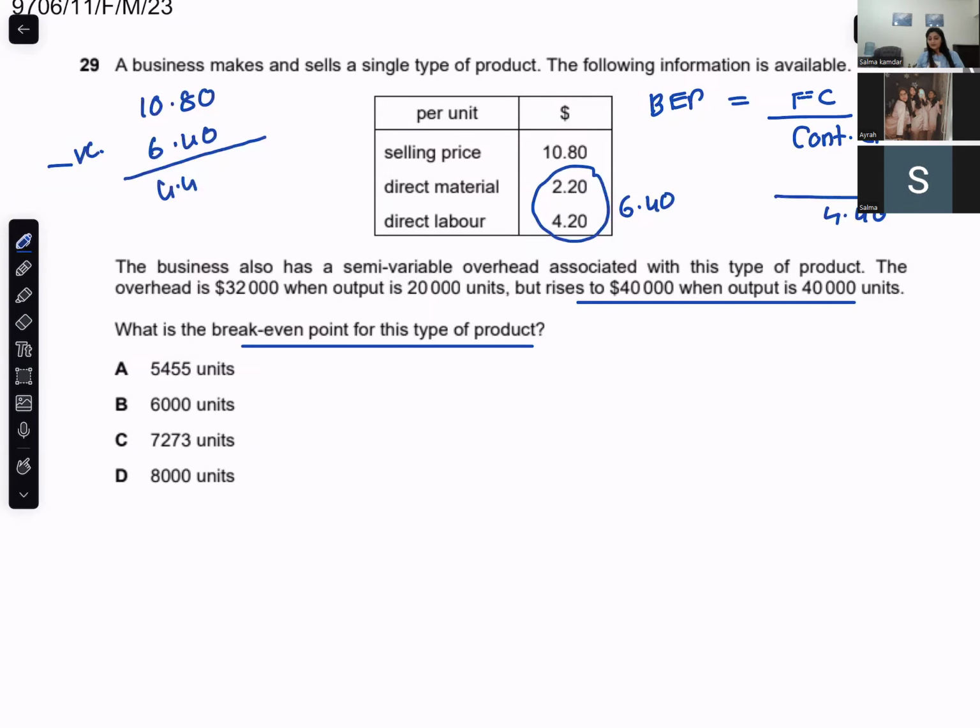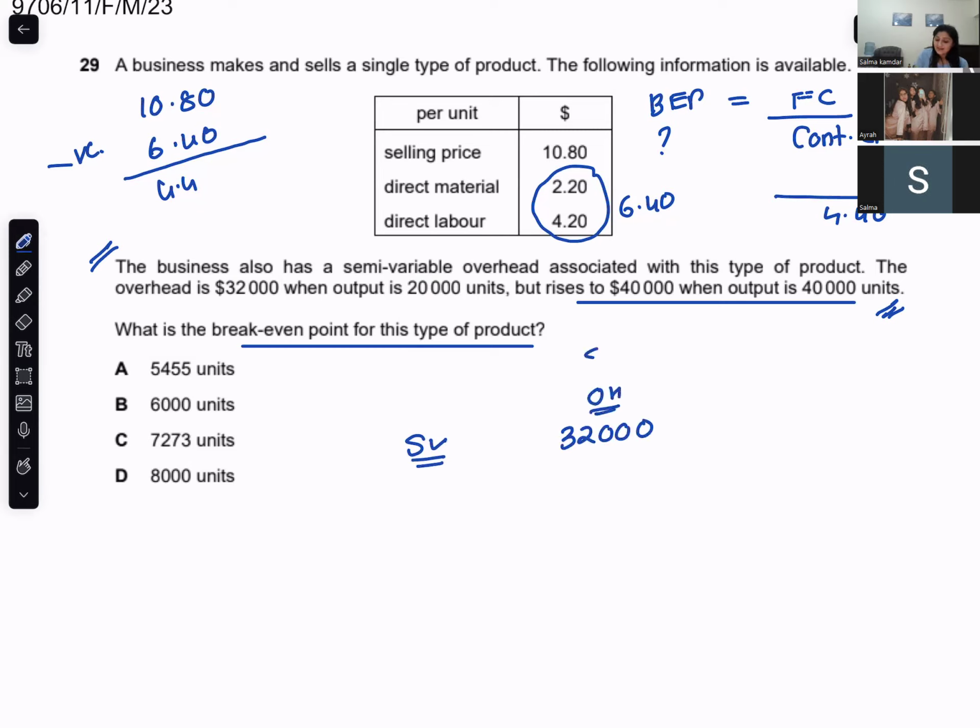Okay. You want to find out the break-even point, right? So they should give you information for what? The fixed cost. Okay, fine. Go ahead, read the next part. The business also has a semi-variable overhead associated with this type of product. The overhead is $32,000 when output is 20,000 units.